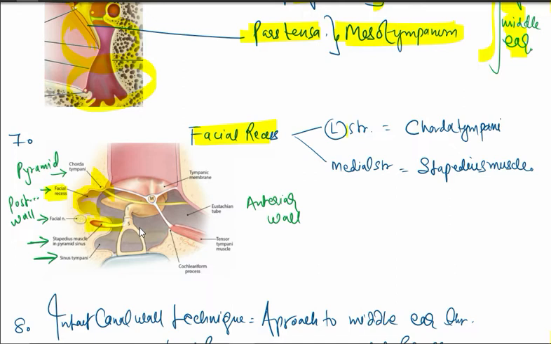Lateral to this facial recess is placed the chorda tympani, and the medial one is the stapedius muscle. Here we see the tensor tympani. So this wall is the anterior wall, and this will be the posterior wall. The posterior wall has the facial recess. It has surgical importance, we will see later.